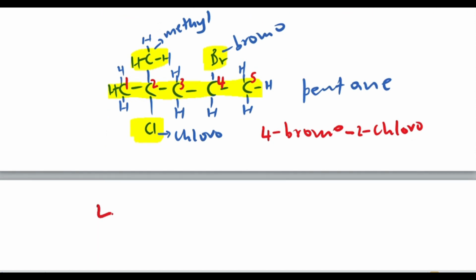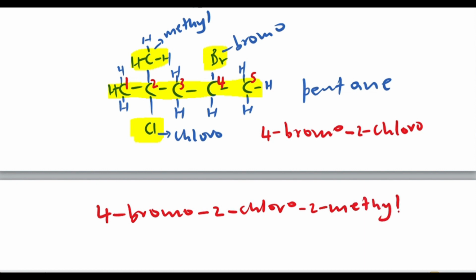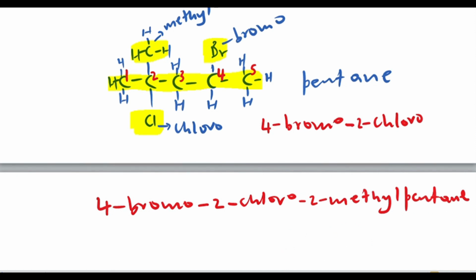I have 4-bromo, 2-chloro, then I have this methyl group, it is on number 2, 2-methyl pentane. That is the IUPAC name. Okay, this is how we name the haloalkane.